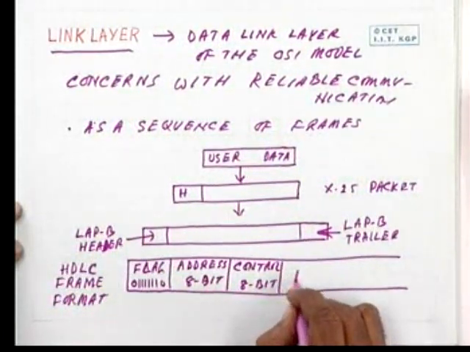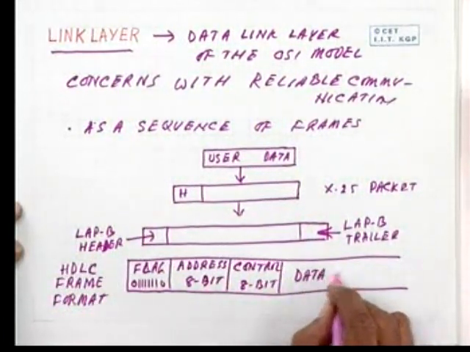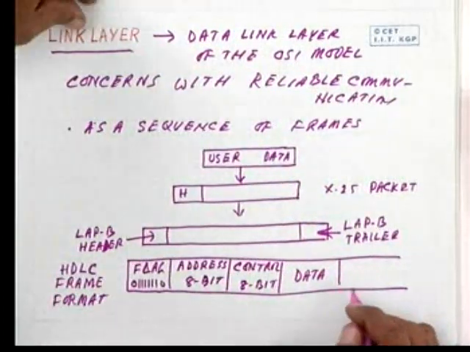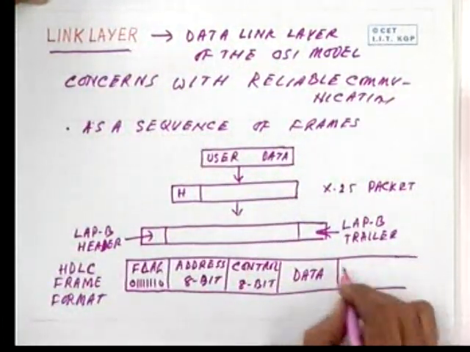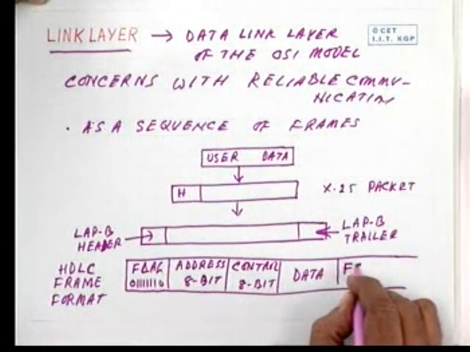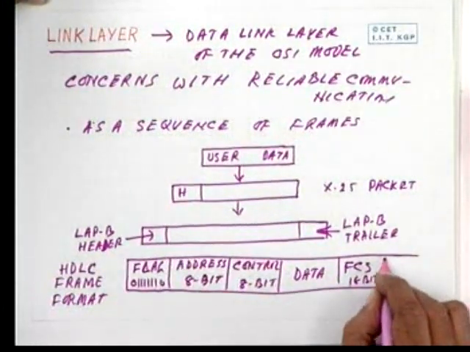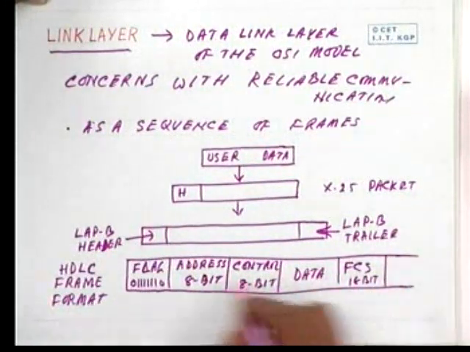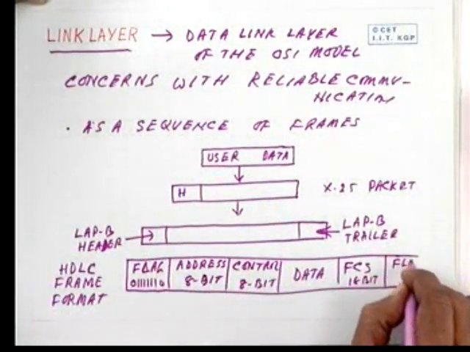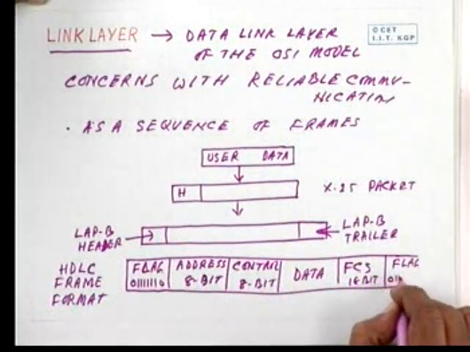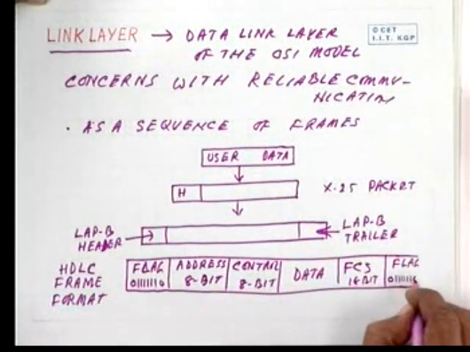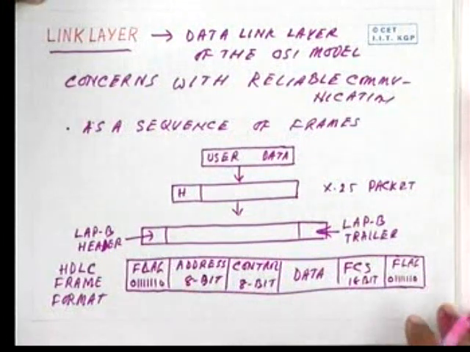Then you have data up to some maximum size. Then you have the frame check sequence which is 16 bit. Then you have the same flag, 0 followed by 6 ones and a 0. This is how the framing is being done.